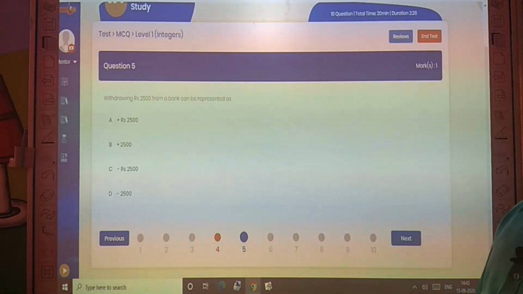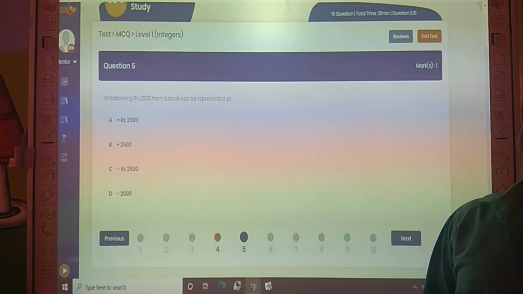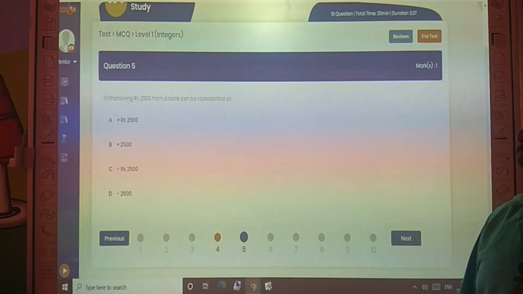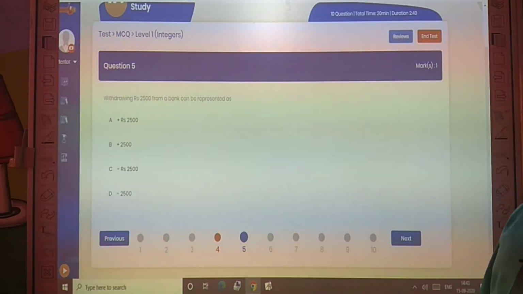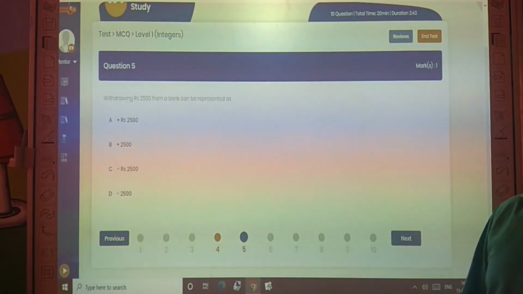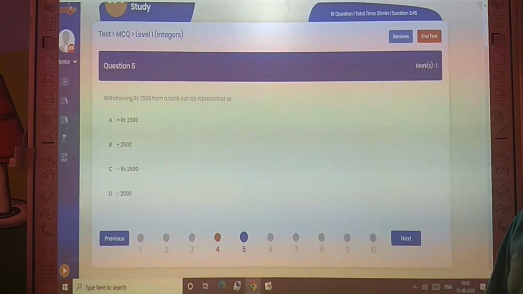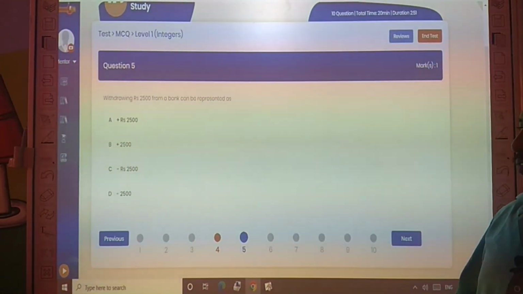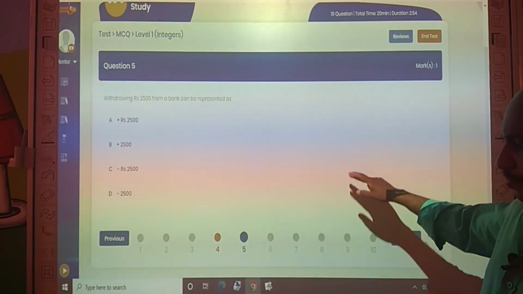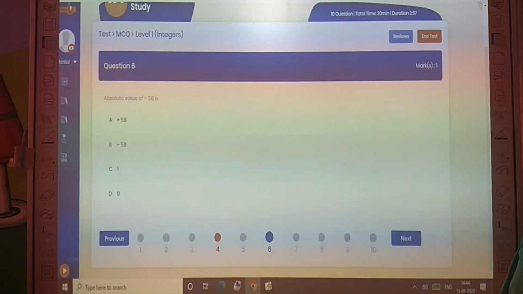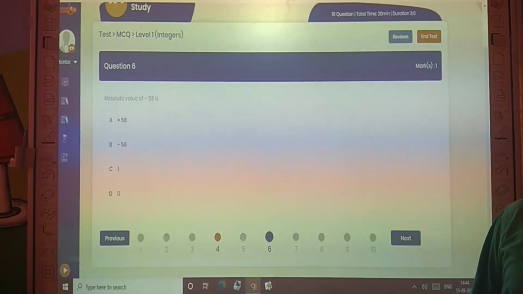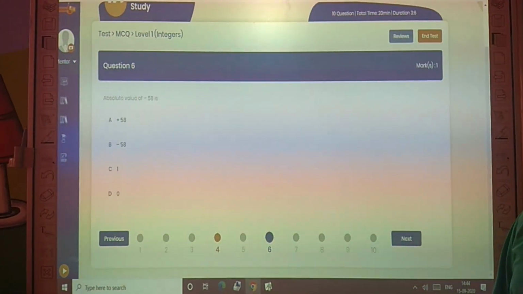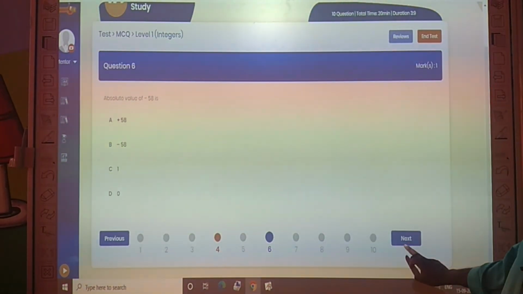Next, fifth question: withdrawing rupees 2500 from a bank can be represented as: first one 2500, second plus 2500, third minus 2500, fourth minus 2500. Sixth one, the absolute value of minus 58 is: plus 58, minus 58, 1, 0.